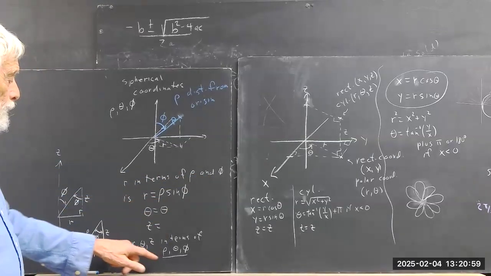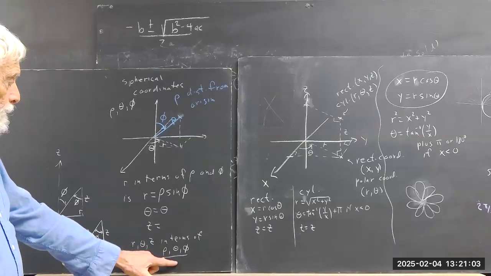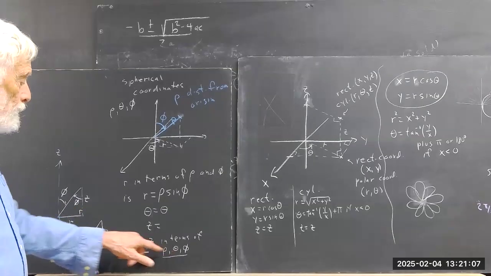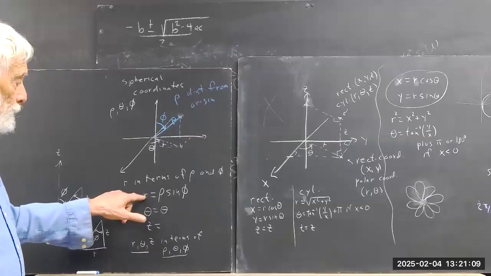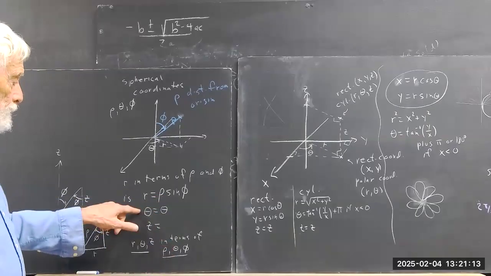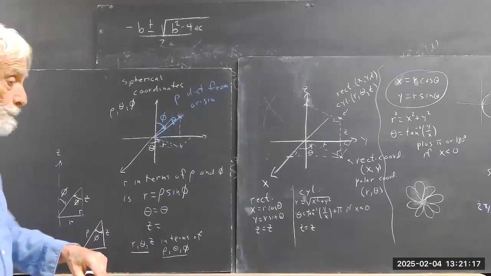Now we want to do R, theta, and Z in terms of rho, theta, and phi. Well, theta is the same in both coordinate systems. So now we know what R is in terms of the spherical coordinates, and we know that theta is the same as it is in cylindrical coordinates. What about Z?